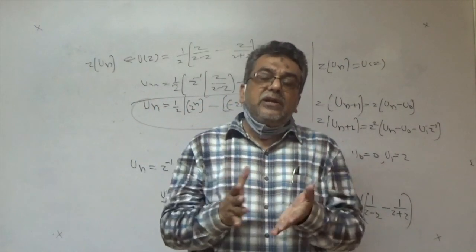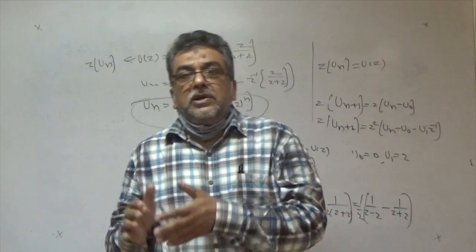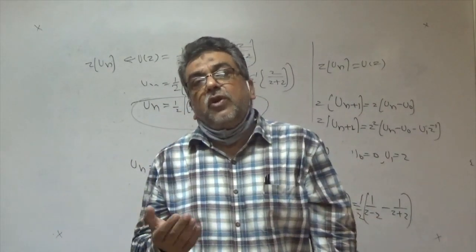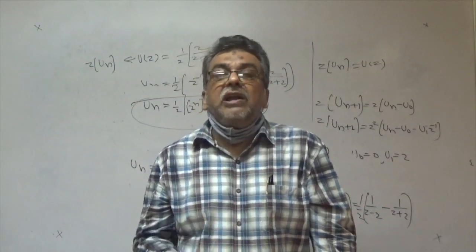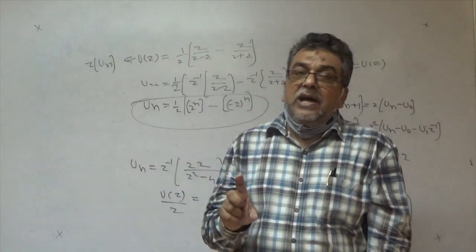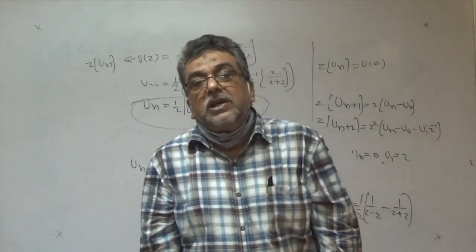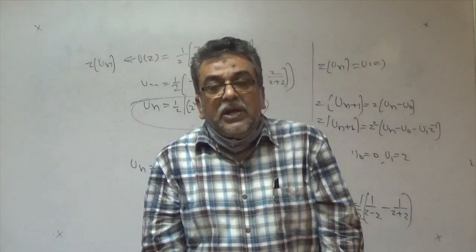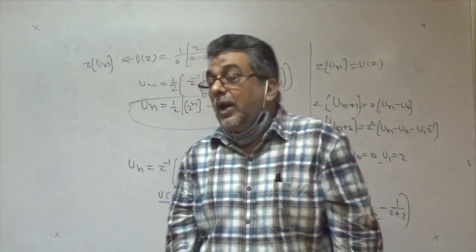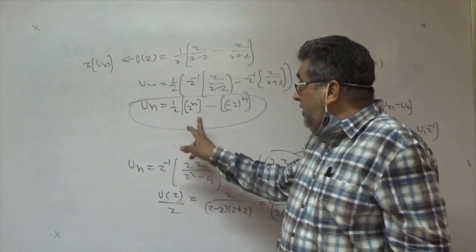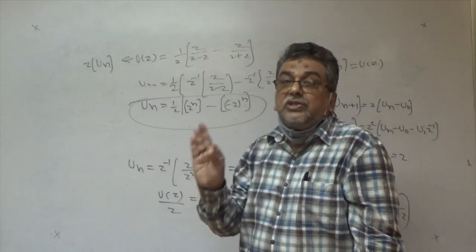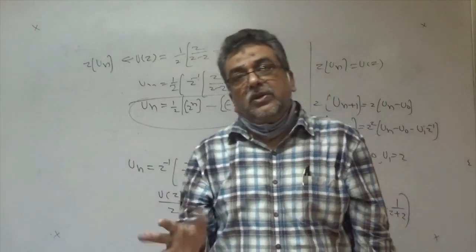Then you get the left hand side and right hand side in terms of Z transforms. By the formulas of the Z transform, solve them, and finally you find the value of U(z). Once you get the value of U(z), simplify it, take the inverse Z transform lastly, and solve the inverse Z transform. Finally you will get the required sequence, and that is the required solution of the given difference equation.